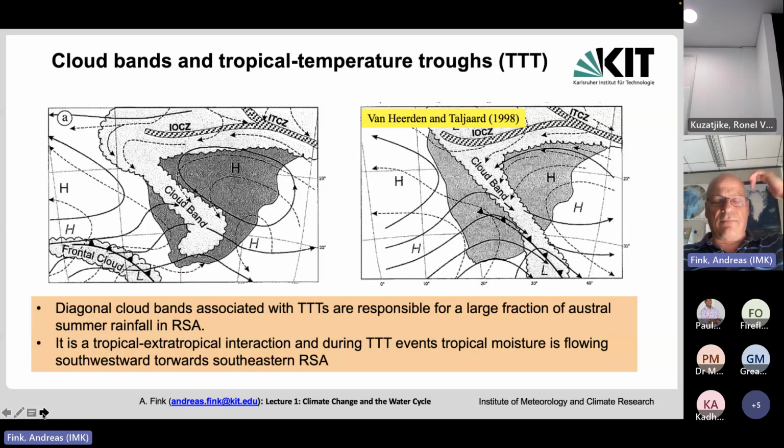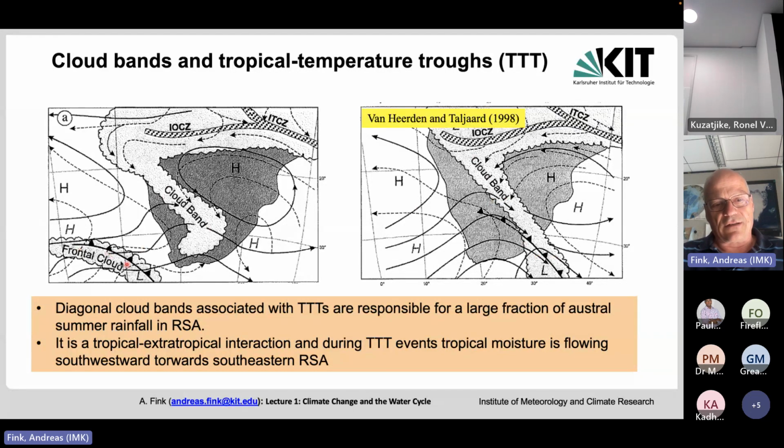Here is some work from the famous synoptic meteorologists van Heerden and Taljaard. You see here a sketch of South Africa. You see the intertropical convergence zone, which is called the interocean convergence zone by them. You see here the rains in the tropics, and there's a cloud band here on day one, and on the next day, this cloud band is connected to the mid-latitudes.